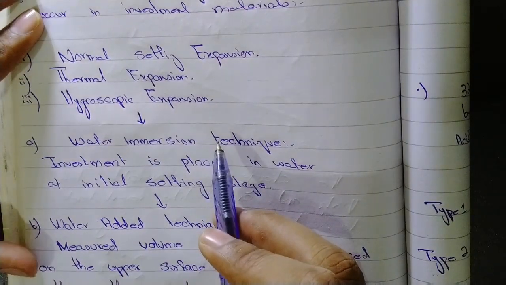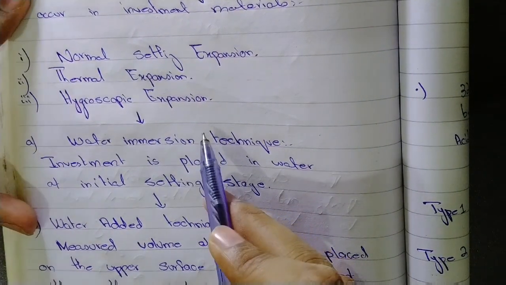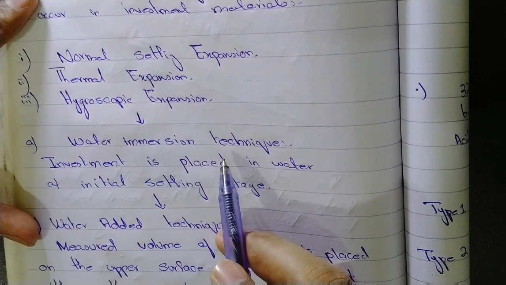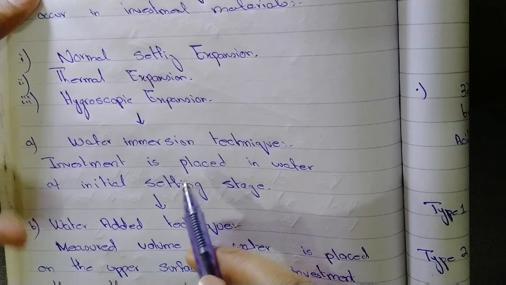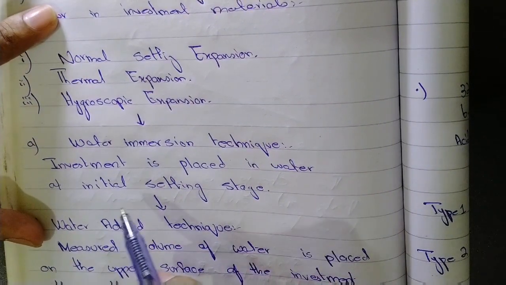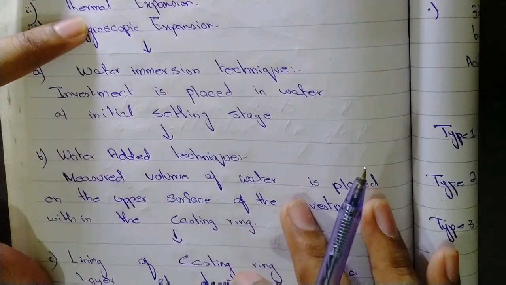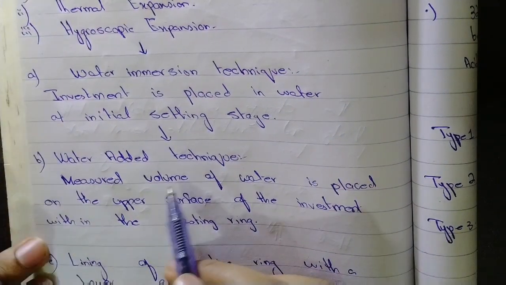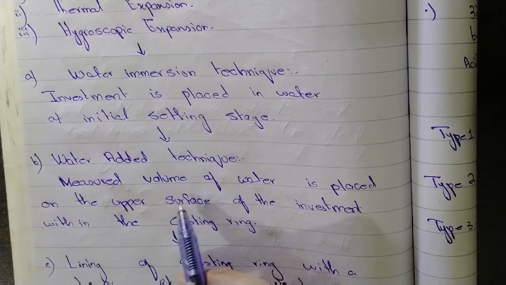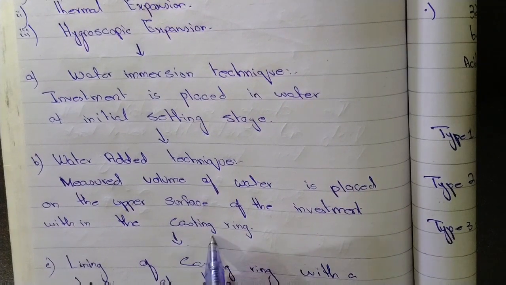There are several techniques to perform hygroscopic expansion in investment material. The first technique is the water immersion technique. In the water immersion technique, the investment material is simply placed in water at the initial setting stage. The second technique is the water added technique. In the water added technique, a measured volume of water is placed on the upper surface of the investment within the casting ring.